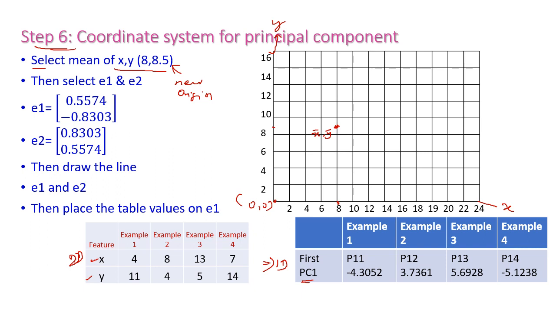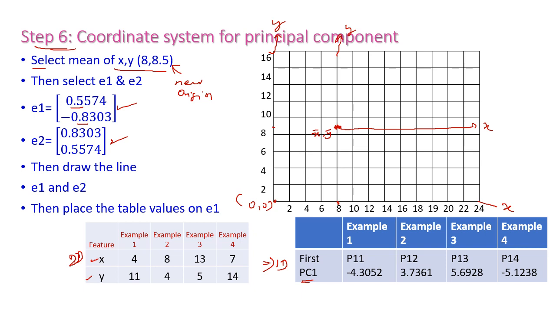Hence, this is our y-axis and this is our x-axis. From here, we need to find the E1 value and E2 value. So the E1 value is 0.5, minus 0.8. From here, 0.5 is this one and 0.8 is this one.